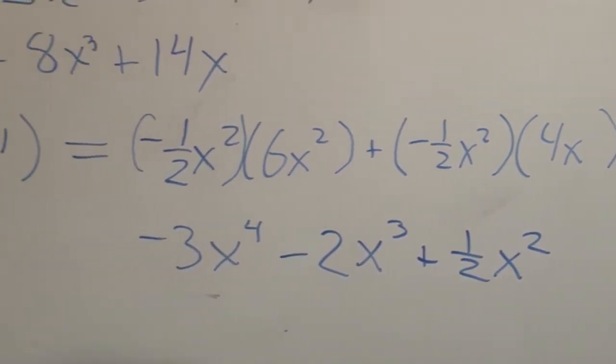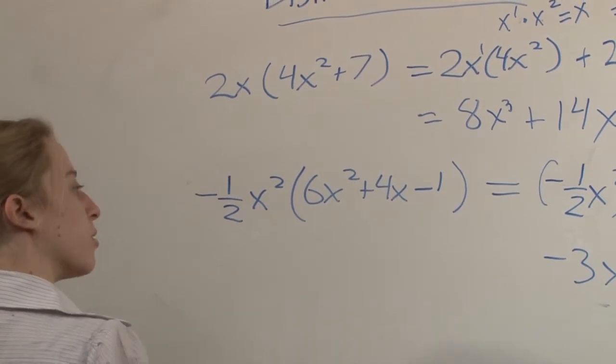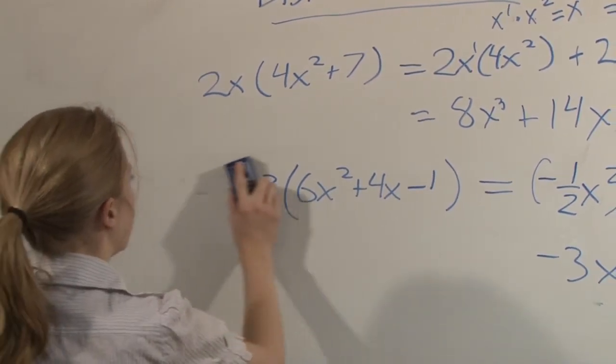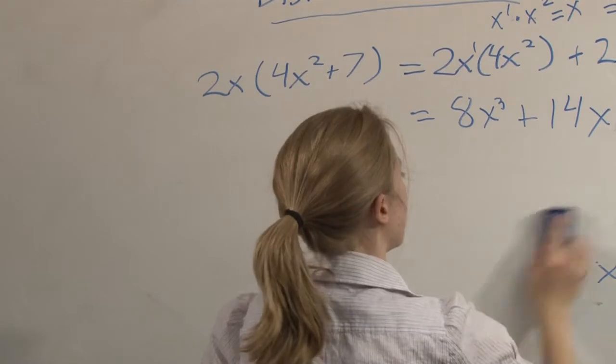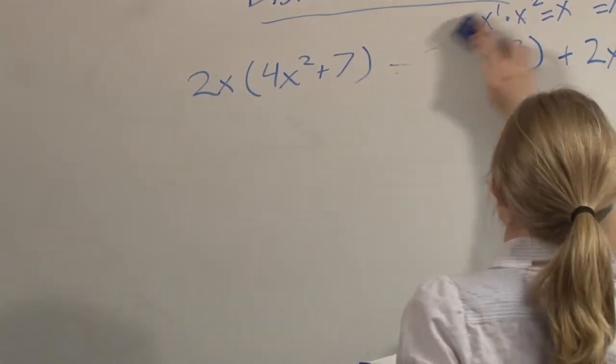And as a final example, I'm going to introduce something that you will learn more about in the next section, which is using the distributive property when you are distributing more than one term.